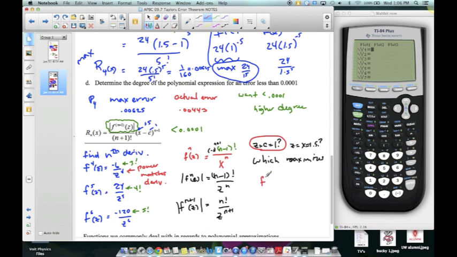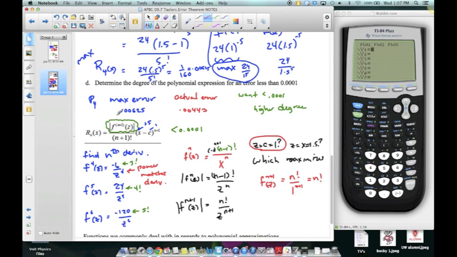And so our f^(n+1) of z is going to be n factorial over 1 to the n plus 1, which is just going to be 1. So our maximum value for the derivative is just going to be n factorial.